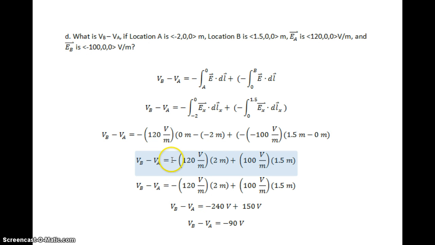So since our integral is the negative electric field, we have a negative 240 volts here, and we have to add it to our change in potential for our region of B, which would be 150 volts. So we have a negative 90 volts.